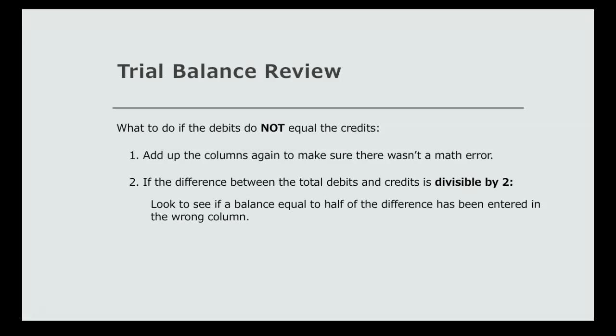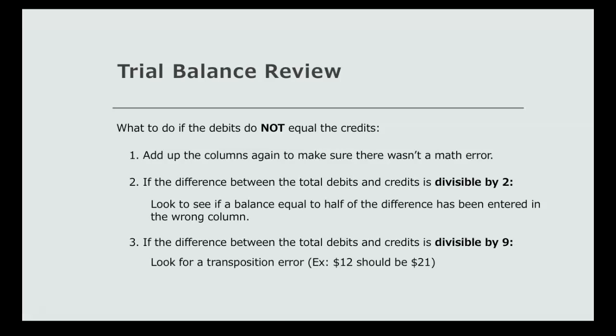And that 500 balance might have been put into the wrong column. So that's one trick to look for if the difference between your total debits and total credits is divisible by 2.